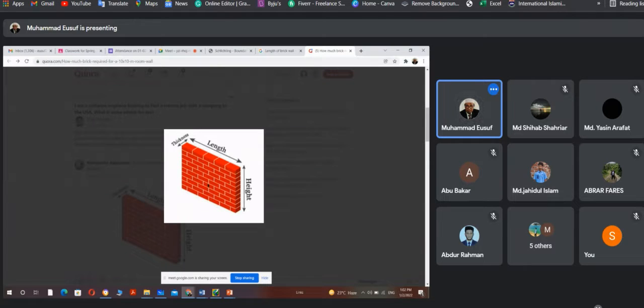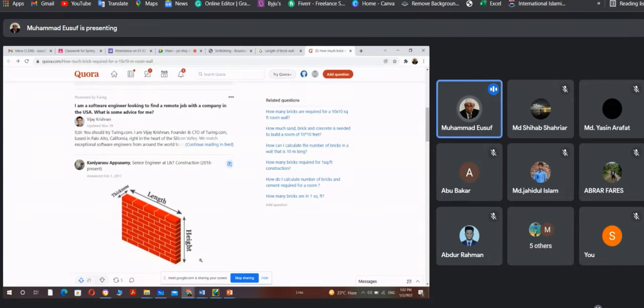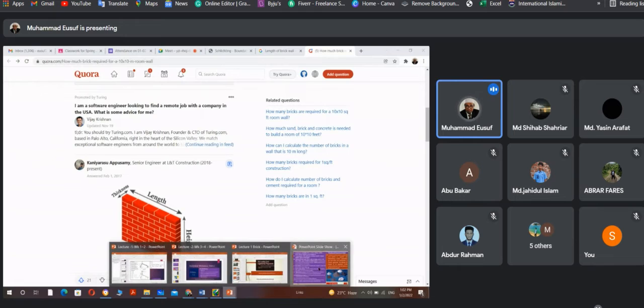Pointing, brick wall pointing. In every case, we use the cement.